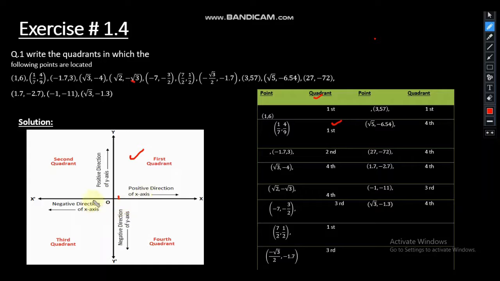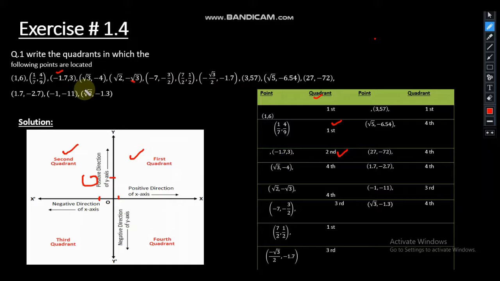So the next question. Minus 1.7 in the x-axis direction, so minus 1 point means here, and 3 means here, positive y-axis, so we can call it the third quadrant. This is the third quadrant.